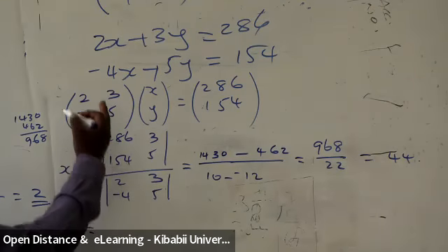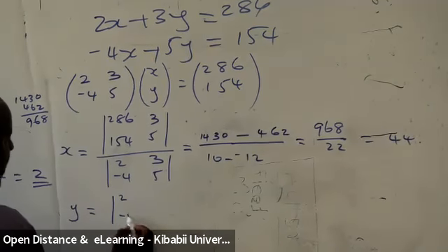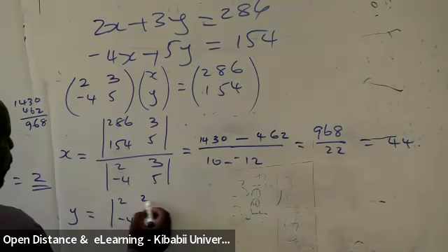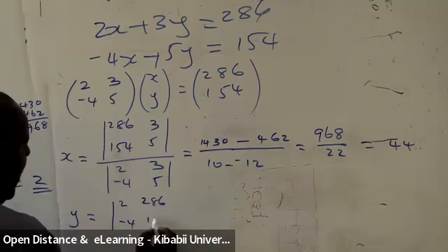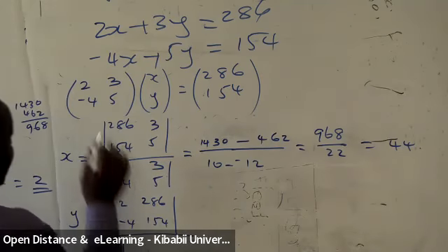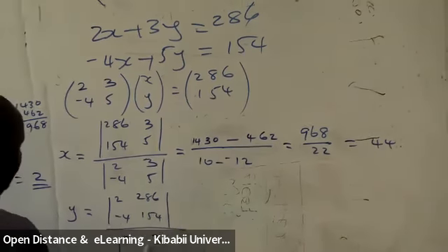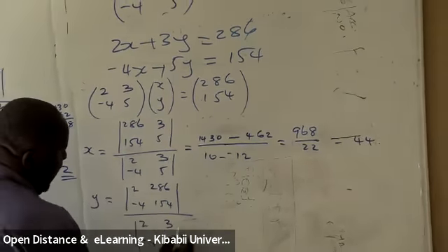For y, we substitute for y coefficients. So for x remain 2, negative 4, then 286, 154, divided by the determinant of the coefficient matrix, 2, 3, negative 4, 5.